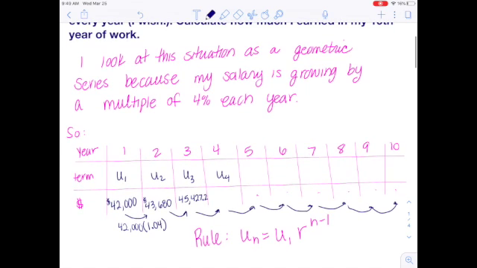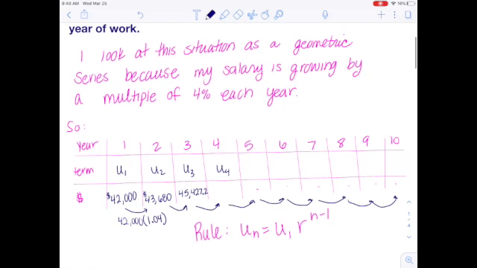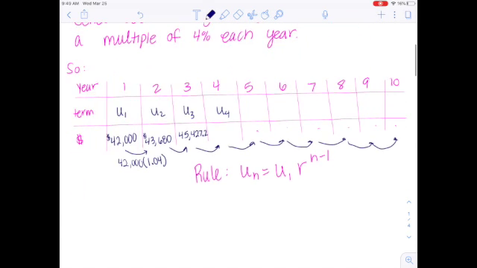We're going to use our rule for our geometric sequence: U sub n is equal to U sub 1 times r to the n minus 1. So we want our 10th term, U sub 10, and that would be equal to our first term, 42,000, multiplied by our common ratio, 1.04, raised to the 10th power minus 1.